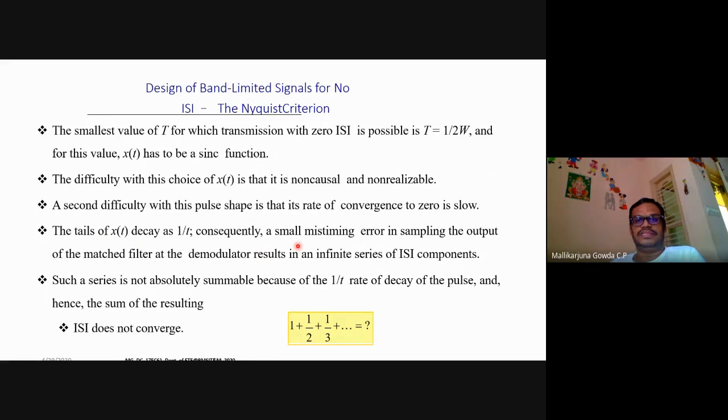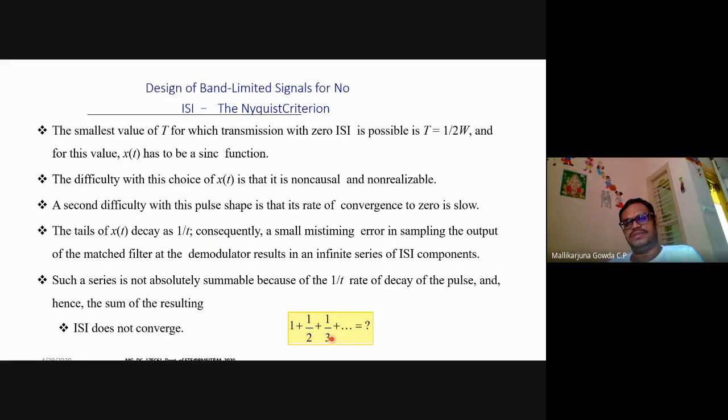Consequently, a small mistiming error even in the sampling, at the output of the matched filter and the demodulator, results in an infinite series of ISI components. Such a series is not absolutely summable because of the 1 by t rate of decay of the pulse, and hence the resulting sum of ISI will not converge.